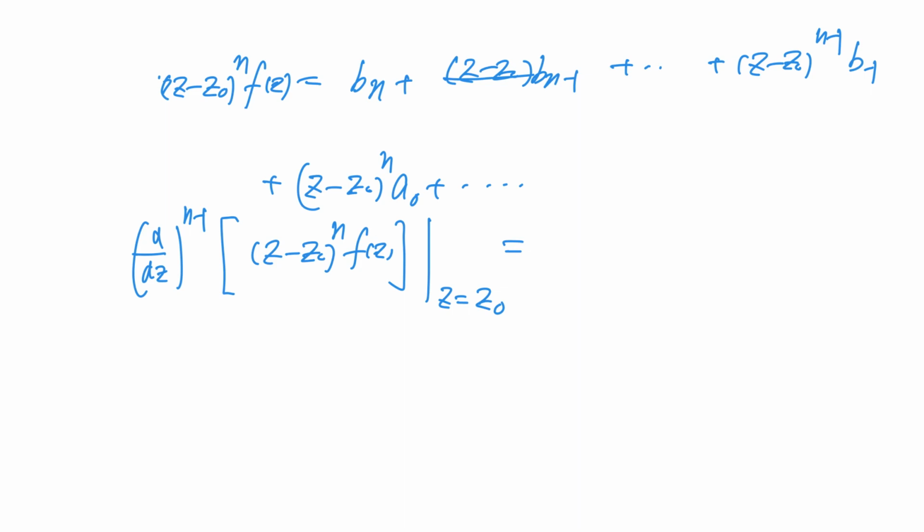And the higher terms. Then obviously n minus 1 factorial times b minus 1. And the higher terms are all 0 when you substitute z equal to z naught. So only one term survives.